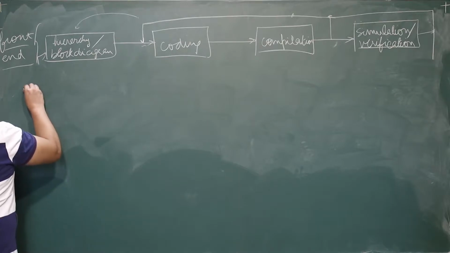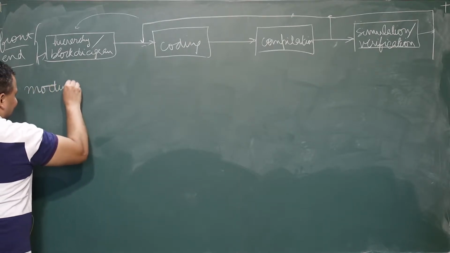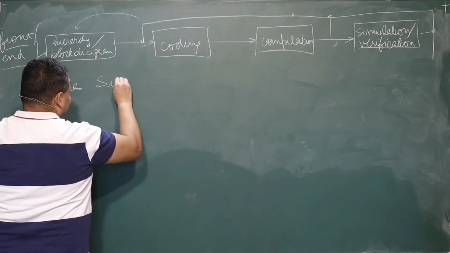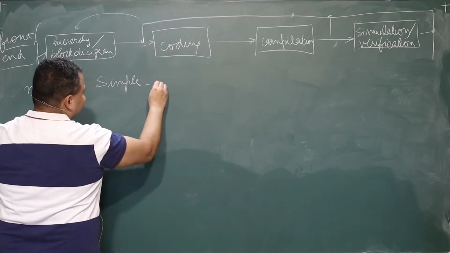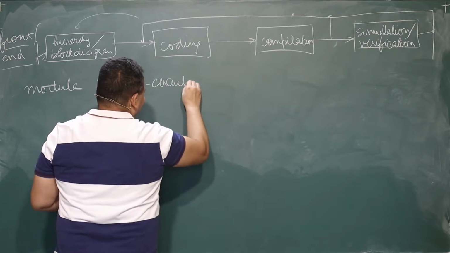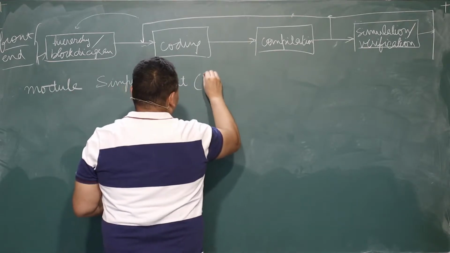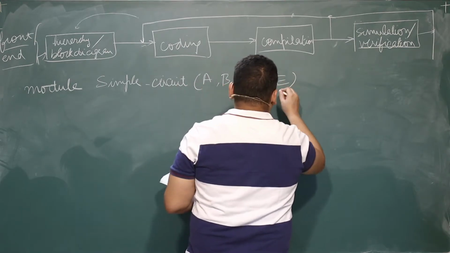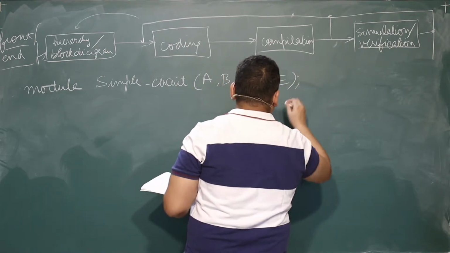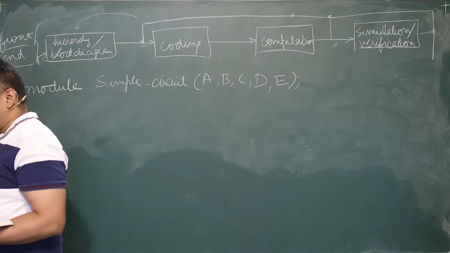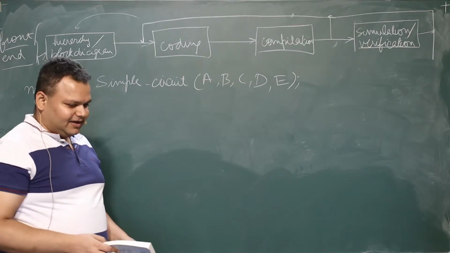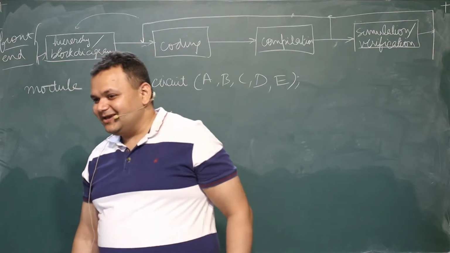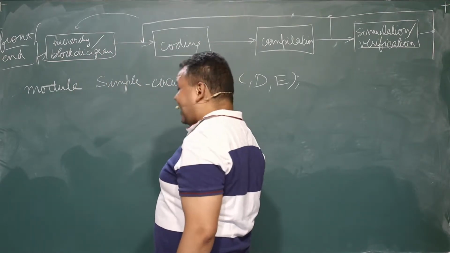Let us say we want to make a simple circuit. All the statements in Verilog end with a semicolon, like we have previously discussed. Maybe in Java also something similar happens.